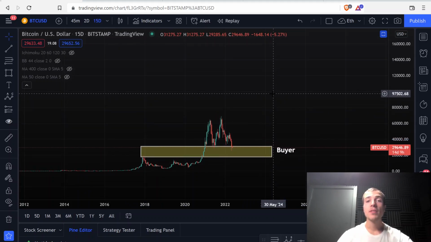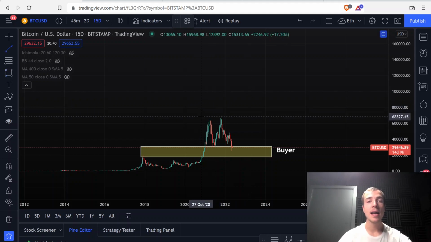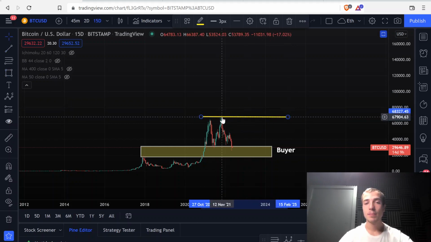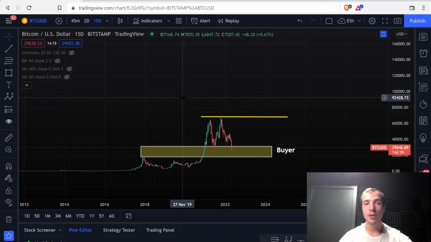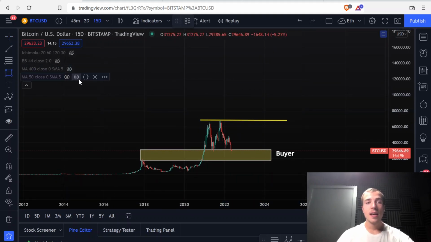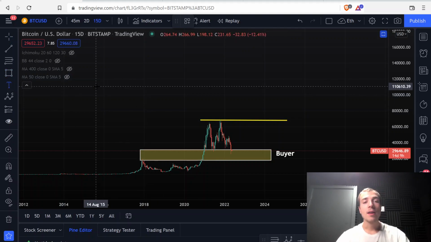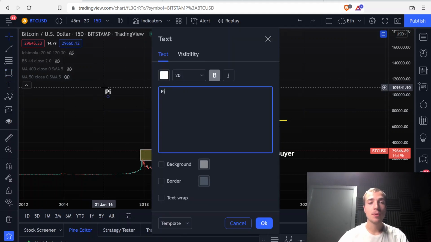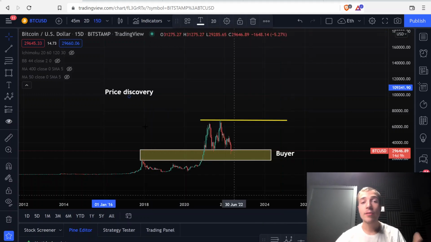And if you want to simplify the process of taking profits, you find the last all-time high, which, by the way, was 67, almost 69,000 per coin here. And when markets break their all-time highs, they go into something called price discovery. They're discovering new prices.